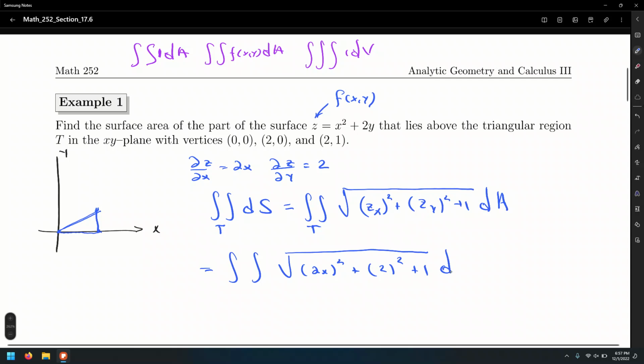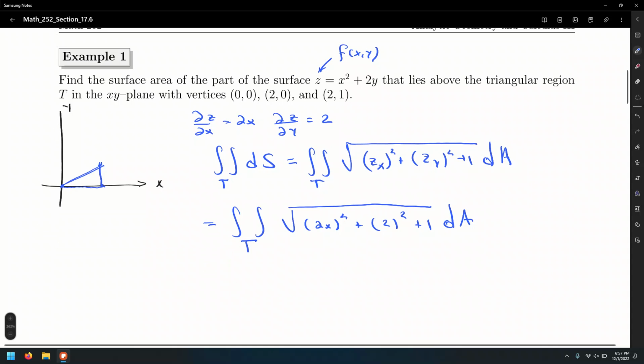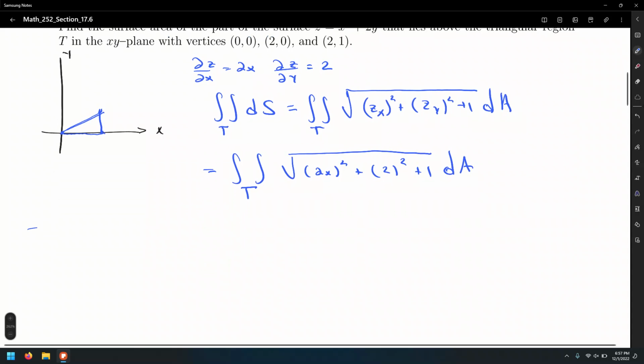And simplifying this radicand, let's do dA for now, over T. So that's the double integral. I'm going to leave the space for the bounds. That's going to give us 4x squared, and 2 squared, which is 4, plus 1, that's a plus 5, dy dx.